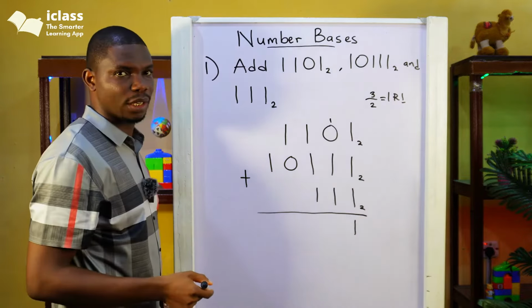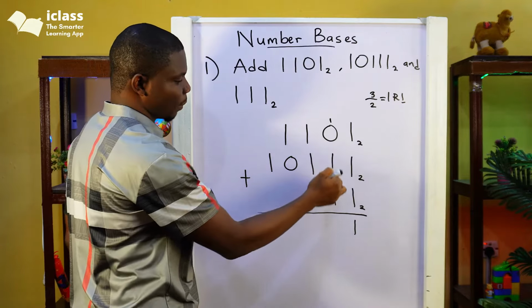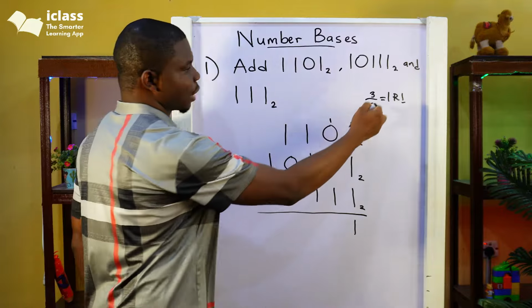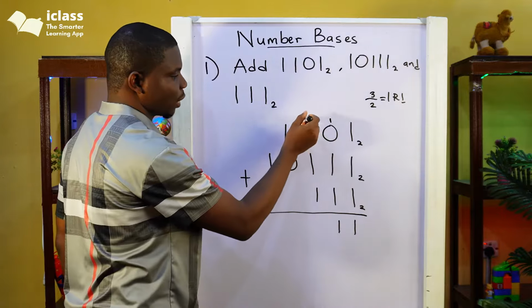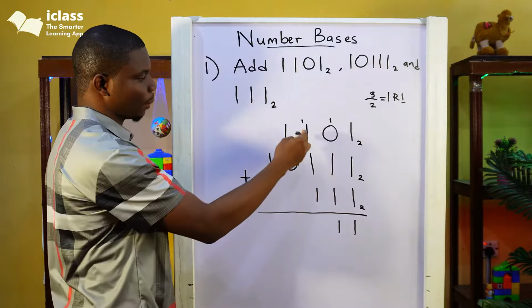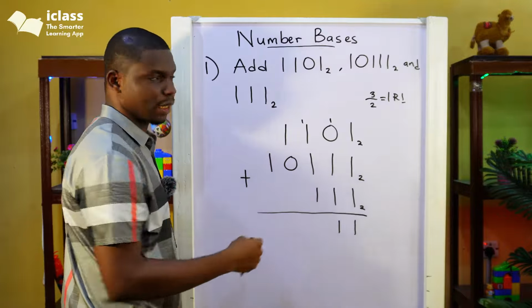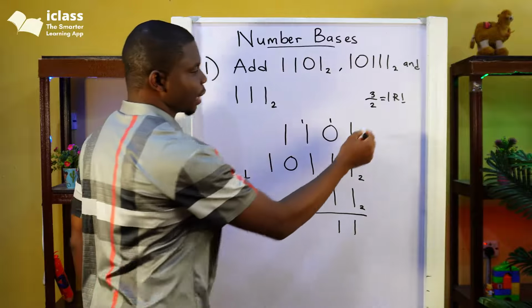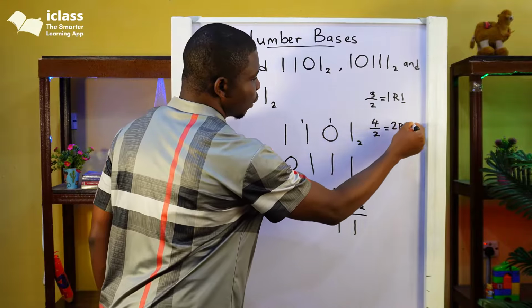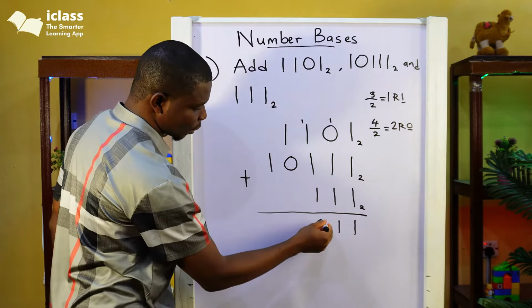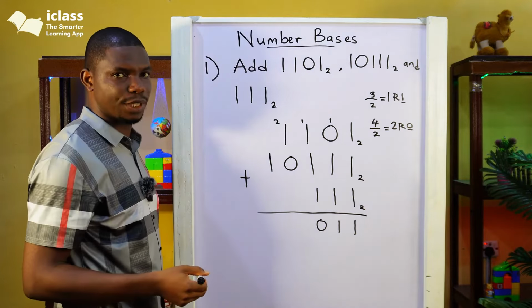So we bring 1 here. 1 plus 1 plus 1 again is 3. So instead of writing 3, we write the remainder and then take 1 to the next place value. 1 plus 1 plus 1 plus 1, that is 4. So instead of writing 4, we say 4 divided by 2. This is going to give us 2, remainder 0. We write the remainder, which is 0, and then take 2 to the next place value.